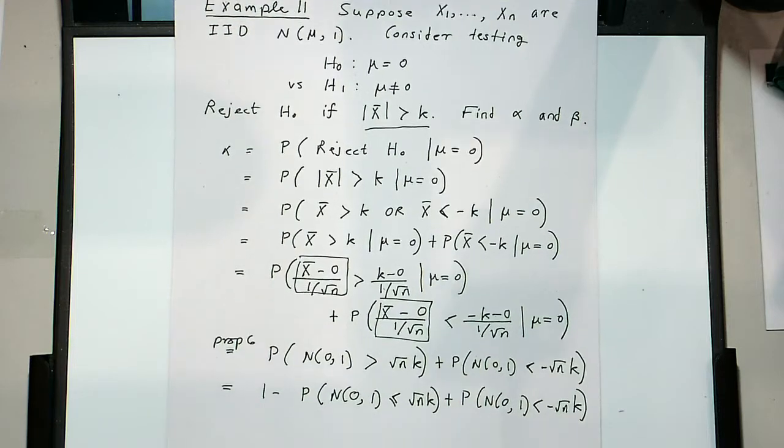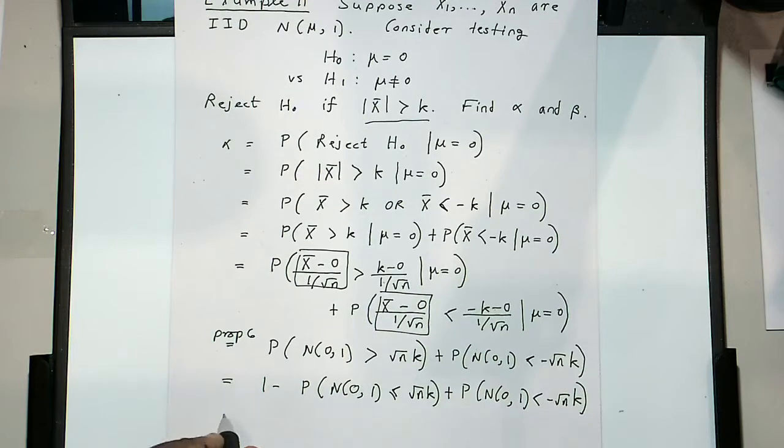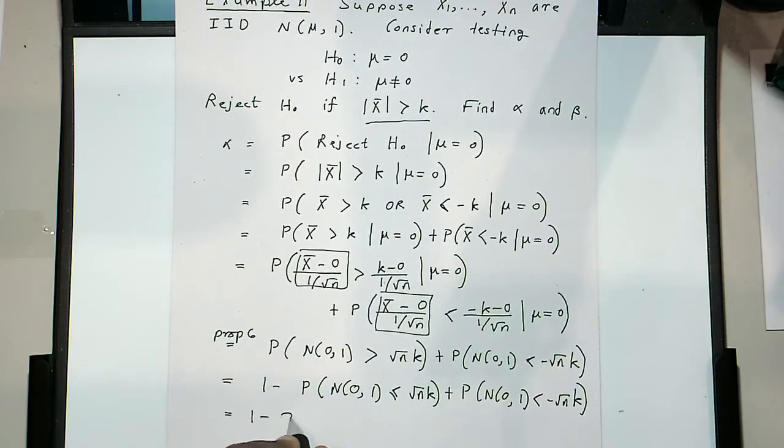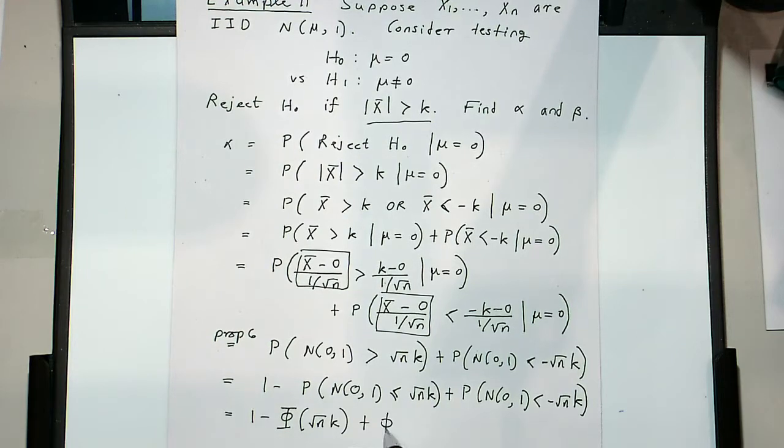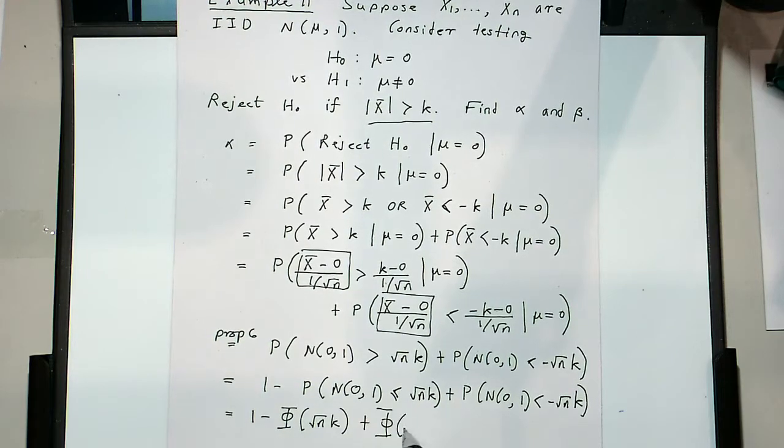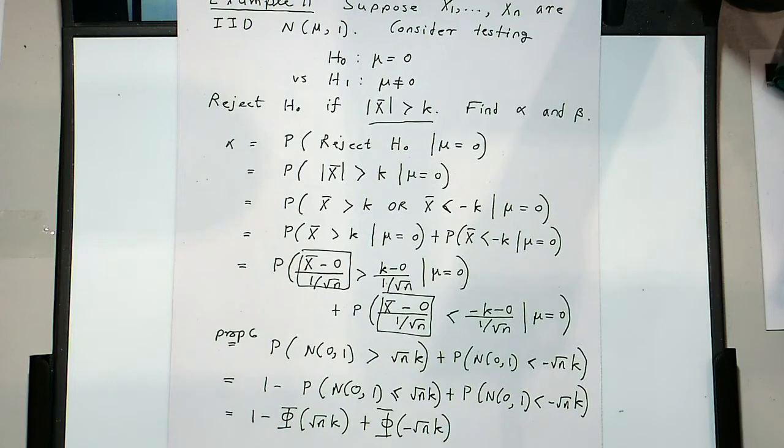So this is 1 minus phi of root n times k, plus phi of minus root n times k. Are you guys with me or what? Any questions on this, guys? Okay. So that's your alpha.